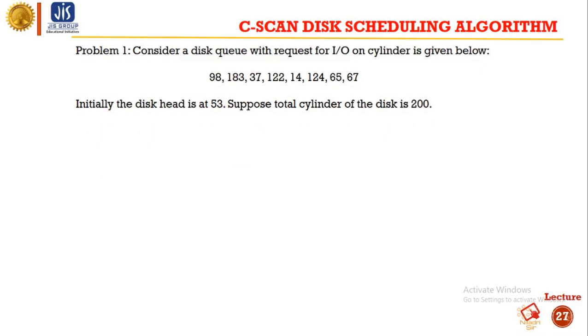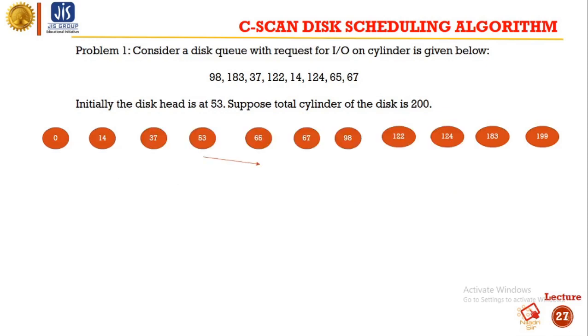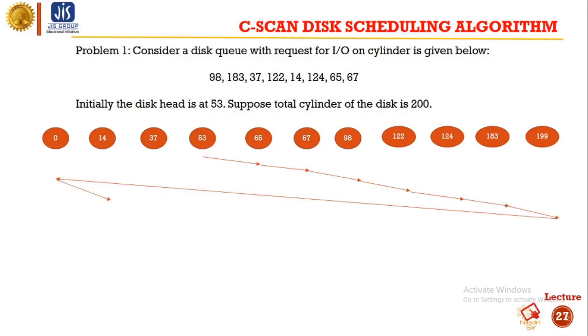Now we'll find out the head movements. So these are the elements. From 53 we have moved to 65, from 65 to 67, from 67 to 98, 122, 124, 183, then 199, then 0, 14, 37.